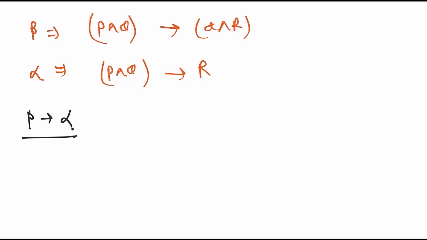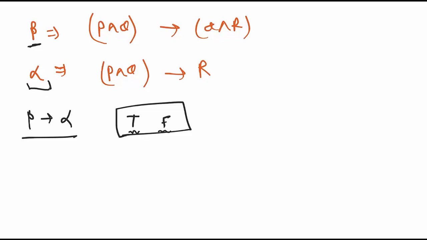To check whether beta imply alpha is a tautology or not, what we need to check is whether a true false combination arises or not, right? So I need to make this beta to be true. At the same time, I need to make this alpha to be false, right? I need to make this beta to be true, and at the same time, I need to check whether I'm able to make alpha to be false.